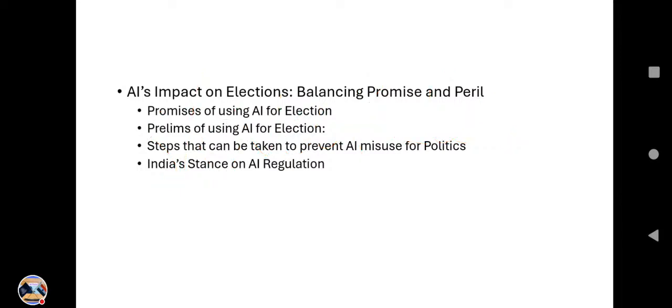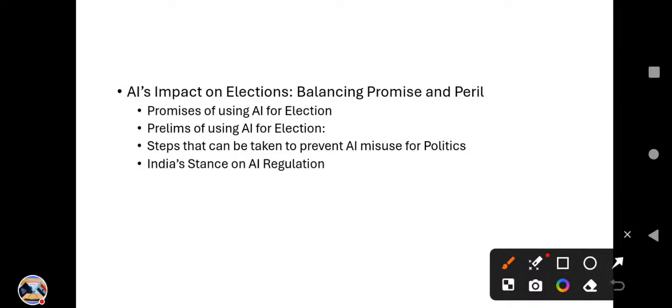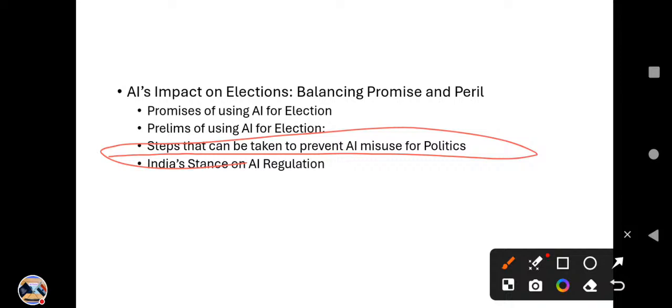And next we can see the steps that can be taken to prevent AI misuse for politics, like ethical considerations in AI governance, which prioritize fairness, transparency, accountability, and democratic principles in the AI governance framework. Okay, so these are the AI governance systems by which ethical considerations can be managed.